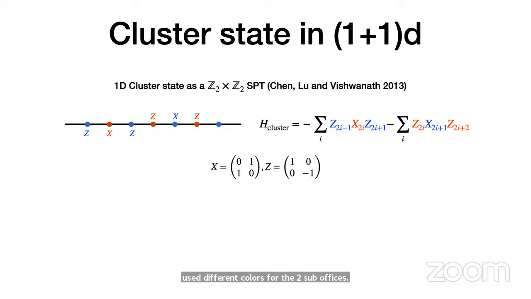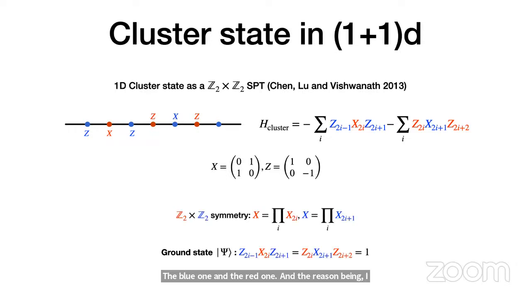The reason being, I want to define the product of X on the red side as one symmetry, the red X, and the product on the blue side as the blue X. So we have Z2 cross Z2 symmetry, the spin flips on two sublattices.